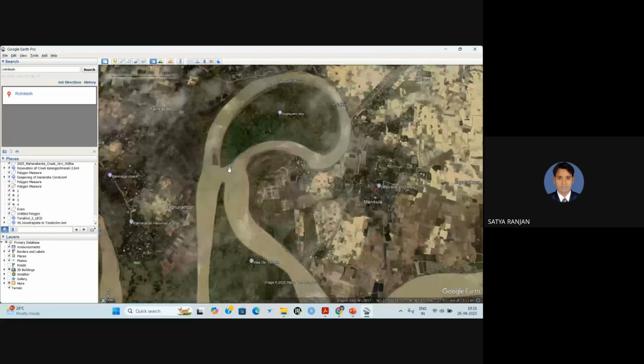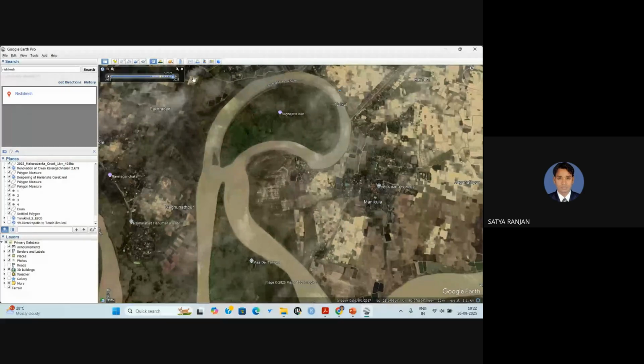So this creates some channel. Then gradually when the river is flowing through these areas, it creates a deposit in these areas. So in this area some depositional surfaces are created, and in these areas also some deposition of the sediments. After some time it is separated from the main river flow areas.